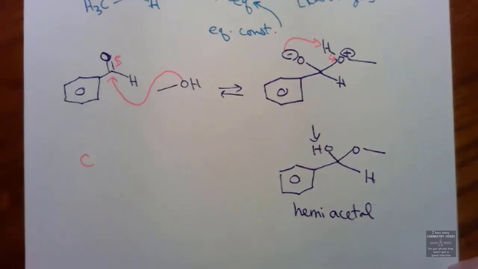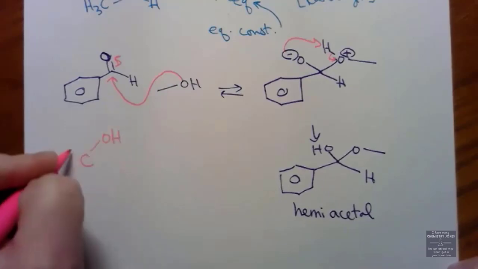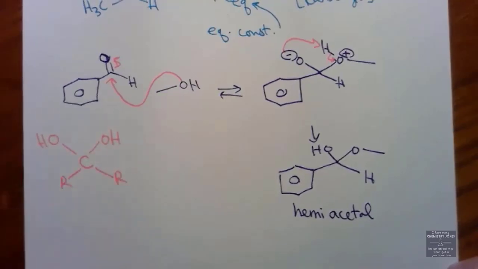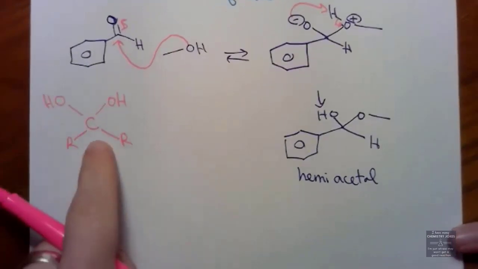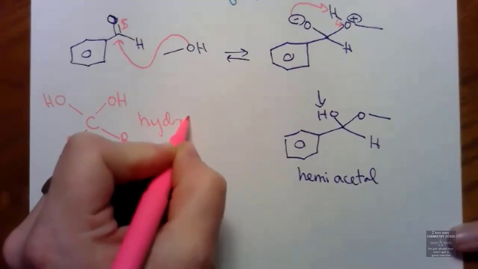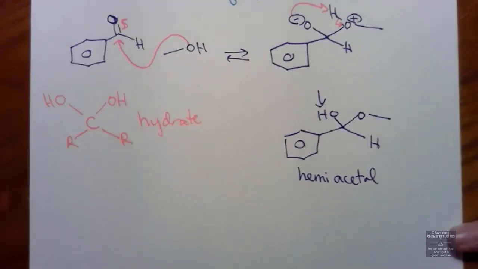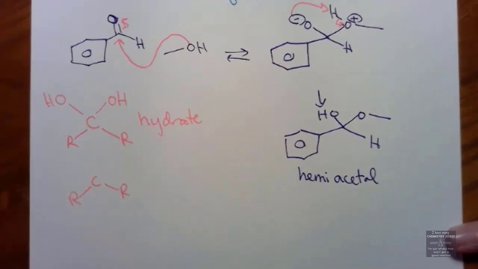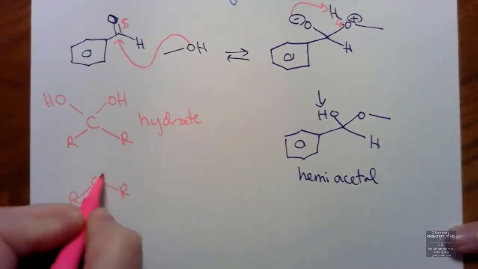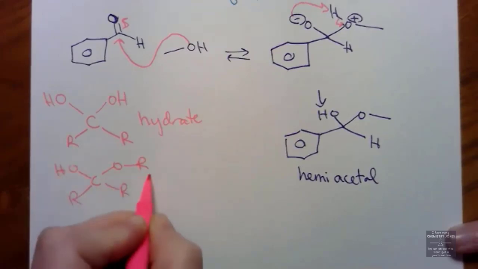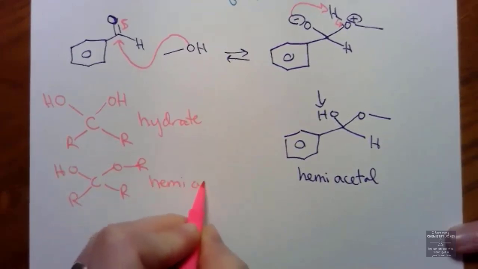If I have a single carbon that has 2 OHs on it, these other groups can be R's or H's or whatever. Single carbon with 2 OHs on it, that's called a hydrate. We just saw that. It's a gem diol. If I have a single carbon with an OR and an OH, that's a hemiacetal.